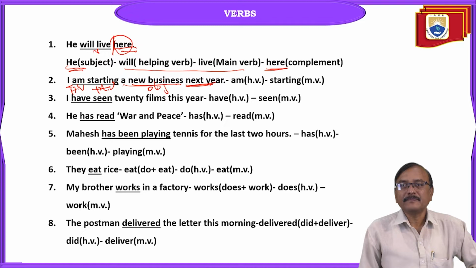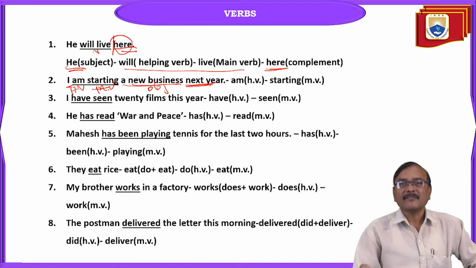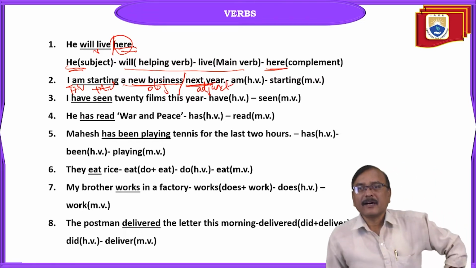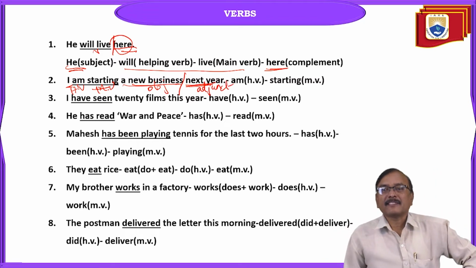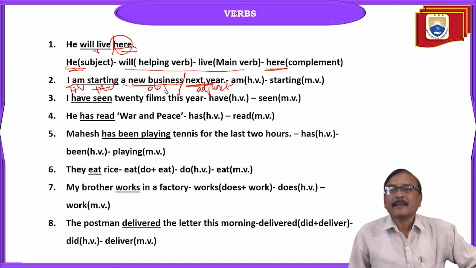Adjunct means which is extra, which is not necessary to complete the meaning. Generally, adverbs are used in the place of adjunct. Adverbs are words which tell the place, manner or time.